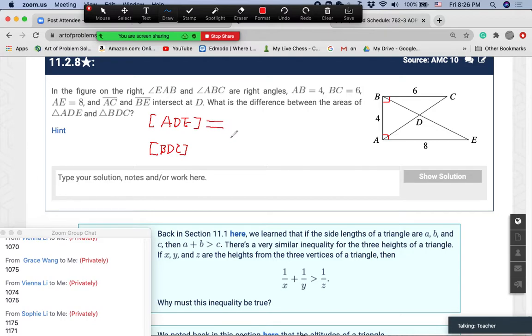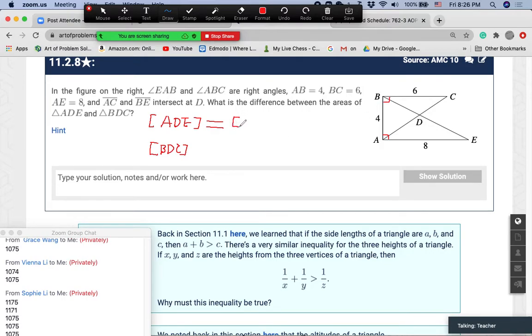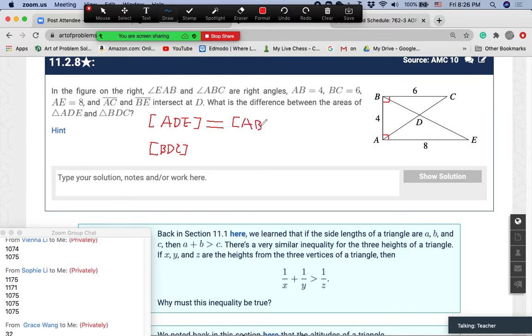Area of ADE equals area of ABE, this right triangle, minus area of ABD, right? Minus area of triangle ABD.